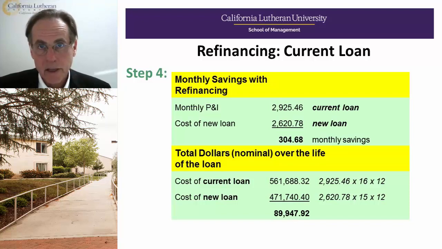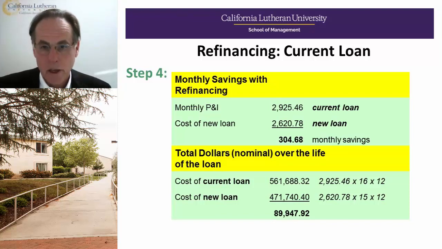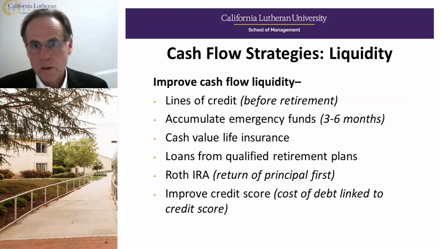Comes out to $471,740.40 for a net savings total dollars over the period of $89,947.92. You can see how these numbers would be very motivating to your client. With the $304 of monthly savings, we're looking at in the area of what, around $3,600, $3,700 per year in savings with this loan per year.